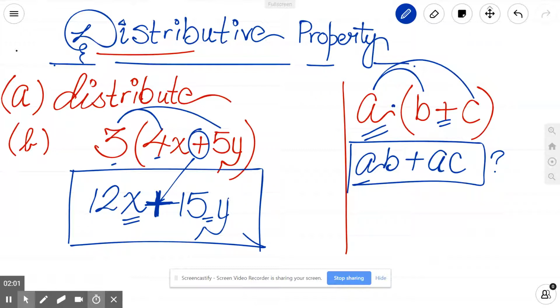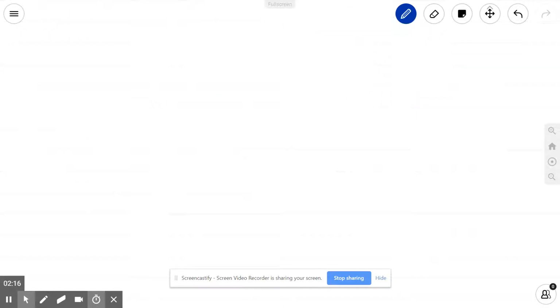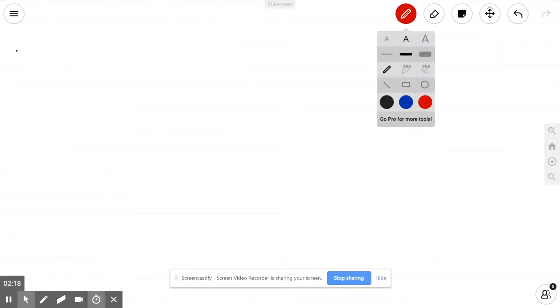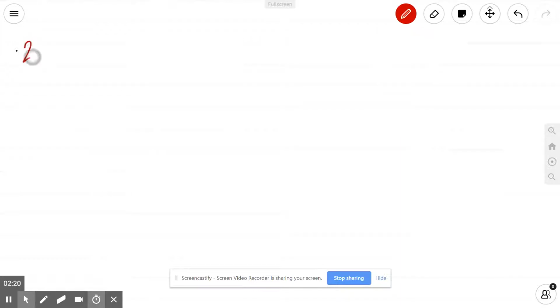So on this page, we talked about the word distributive property, which comes from distribute, where the number outside the parentheses gets distributed to both the people here. Now on the next page, I'll take a more complex example. So let us say we have, in example number 2, again the idea of distributive property.